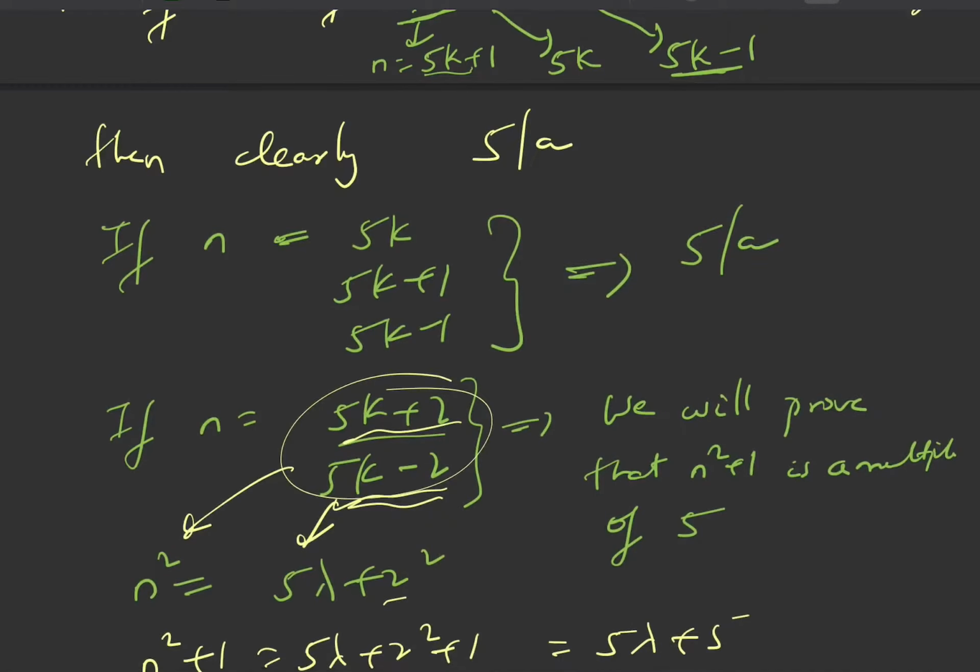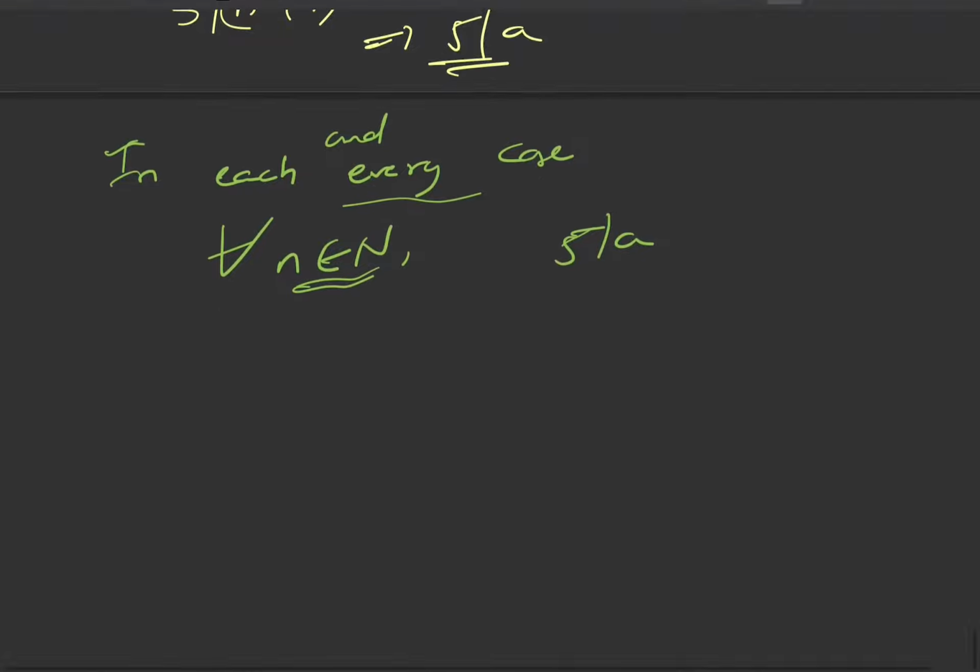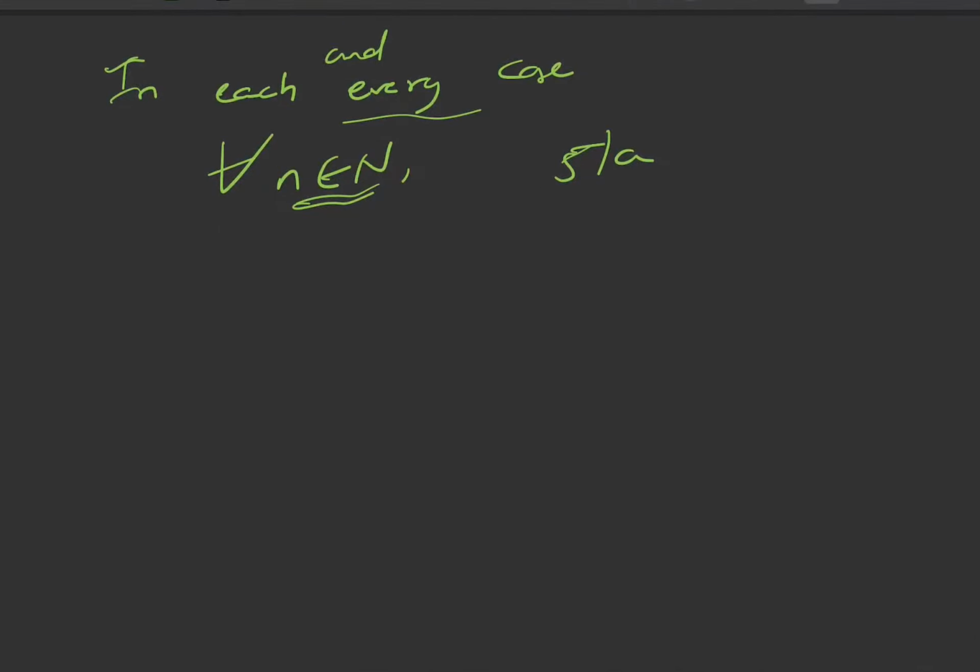Any natural number n will be one of these forms: 5k plus 1, 5k minus 1, 5k plus 2, 5k minus 2, and in each form we have proved that 5 divides a. So for all n, 5 divides a. Therefore since 2 divides a, 3 divides a, 5 divides a, I can clearly say that 30 divides a.